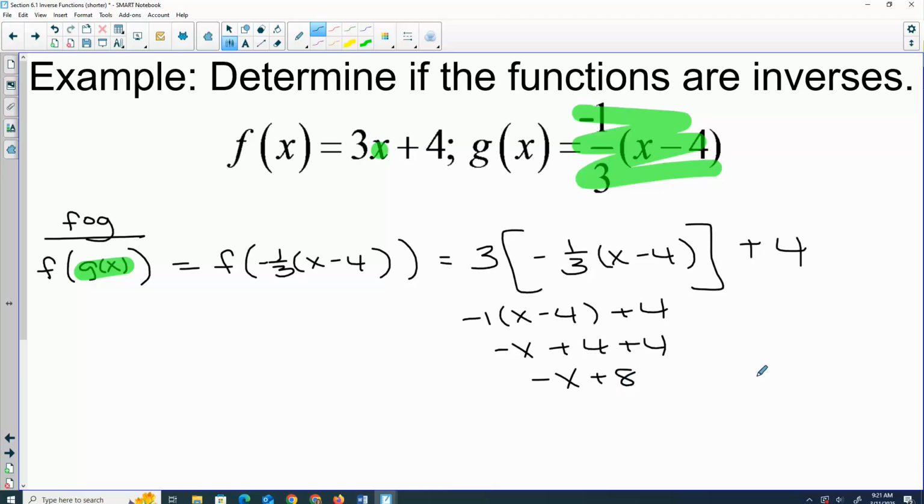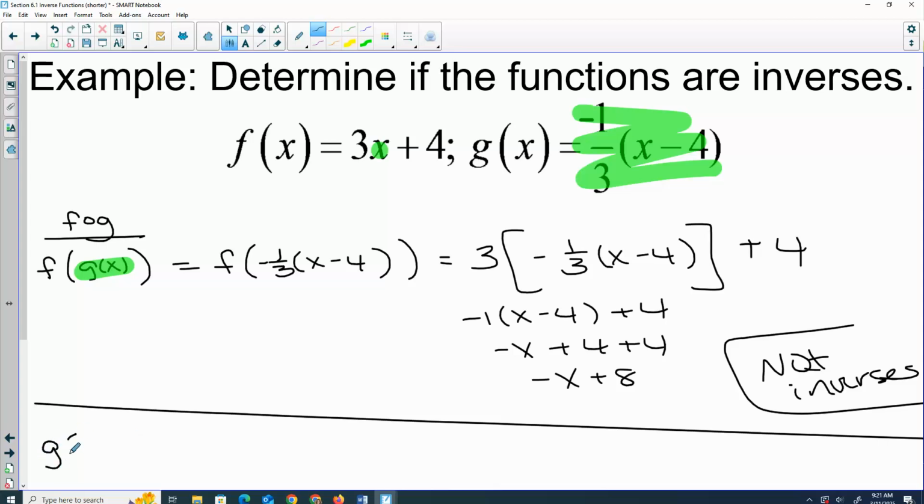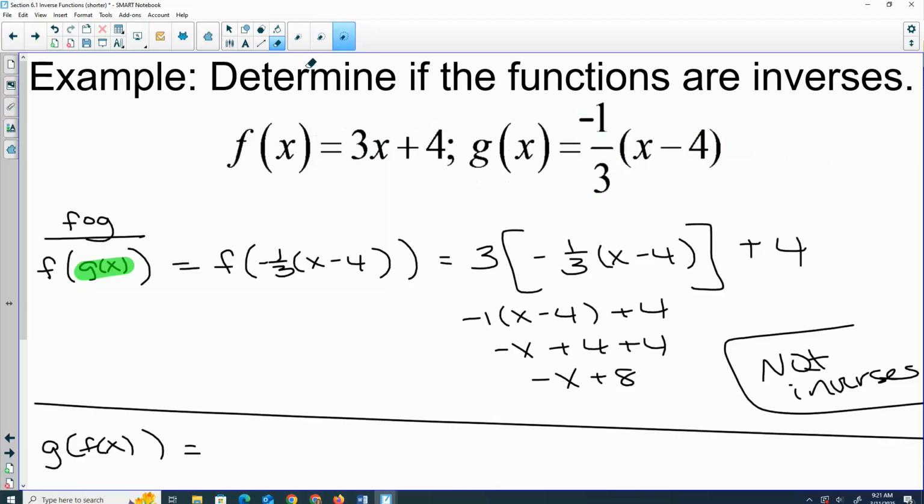Are they inverses? No. So you could stop right here and say they're not inverses. If you did the other one first, that's fine. It doesn't matter. You should get the same thing if you did g composed with f. So you start on the inside. f is 3x plus 4, so I'm going to function g, replacing my x with 3x plus 4.